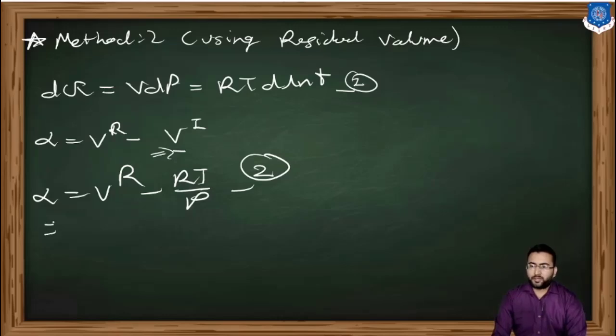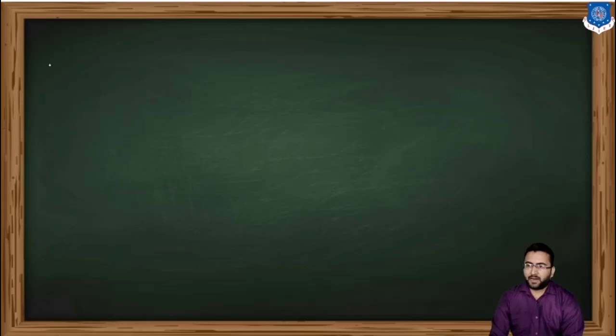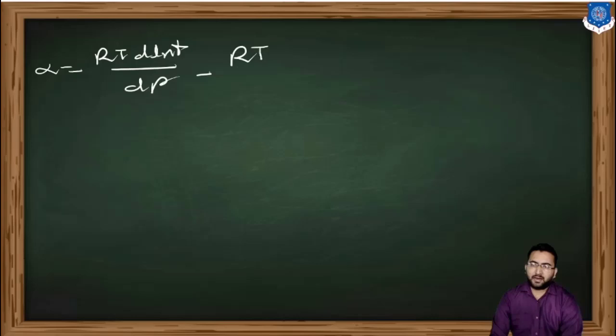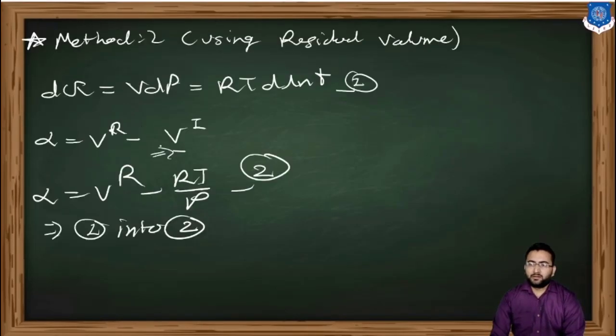Substituting equation number 1 into 2, we will get alpha is equal to RT d ln f upon dP minus RT upon P. This is an equation for the real gas because we are using fugacity.